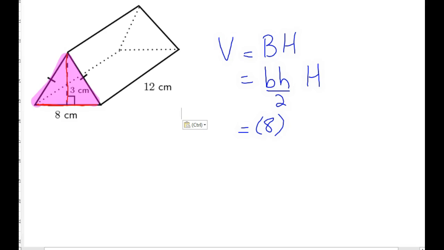So I'm going to put that in and replace my little h with it, and divide that by 2. Now, what is my big H? What is the height of the entire figure? Well, that's that 12 centimeters, this length right here. So I'm going to substitute that in for capital H. So times 12. And now I'm ready to do my multiplication to get the final volume of the entire figure.